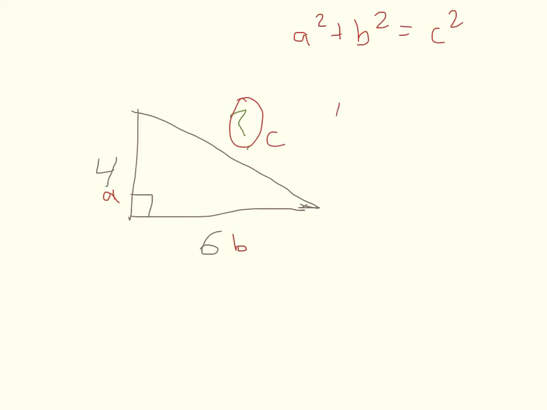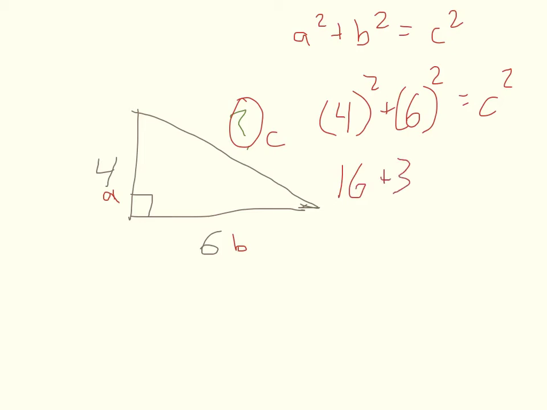So we will plug that in, and we'll have 4 squared plus 6 squared equals c squared, and 4 squared is 16, and 6 squared is 36.